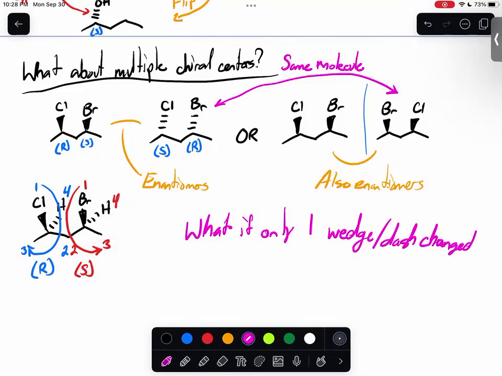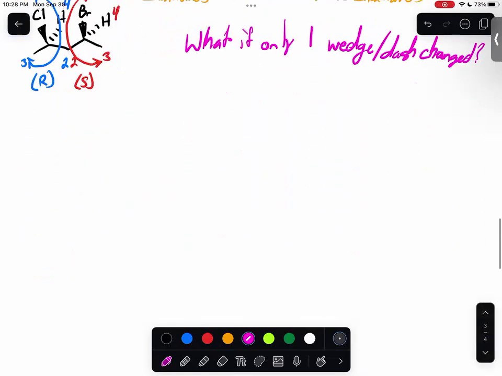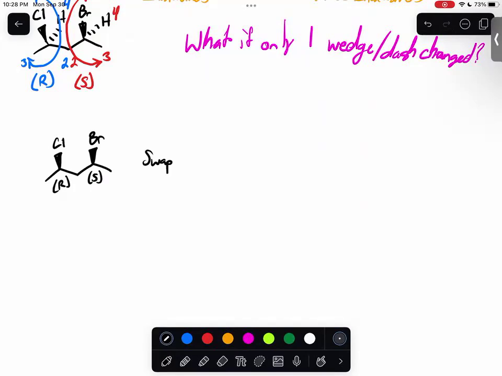Well, interestingly, this creates a new type of stereoisomer, right? Looking at if only one of these changed, let's look at that original molecule again, right? So we know that the chlorine was R, the bromine was S. Let's say that we swapped one of them and we just decided to do the chlorine and we kept the bromine on a wedge.